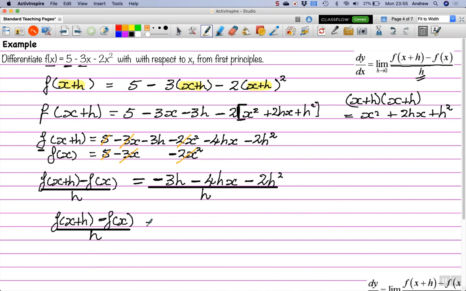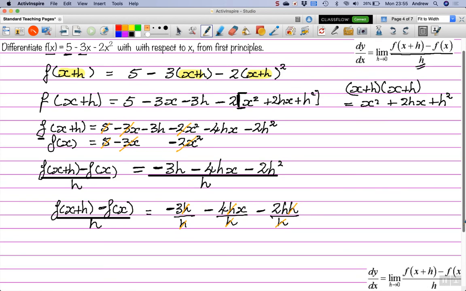h is equal to minus 3h over h minus 4hx over h minus 2h squared, which is hh over h. And then once again we go looking for the cancelling, and the h will cancel with the h, will cancel with the h, and the h here will cancel with one of the h's.